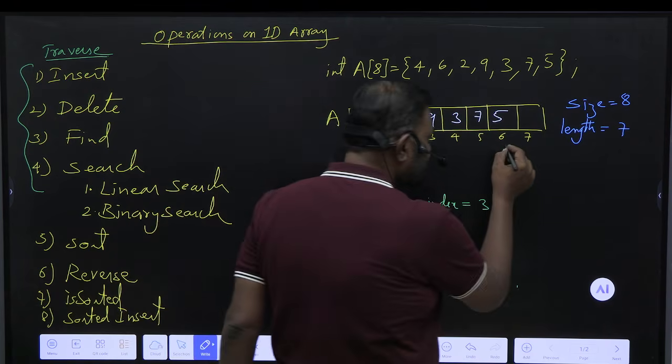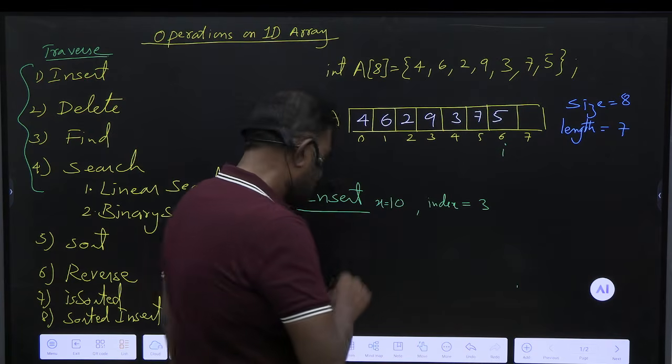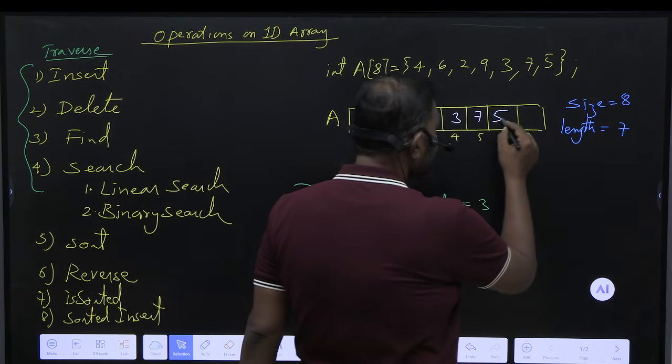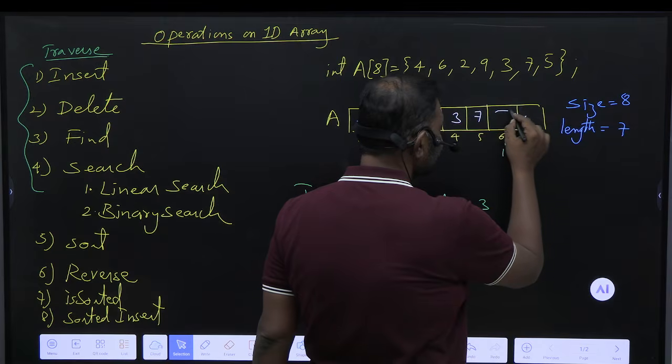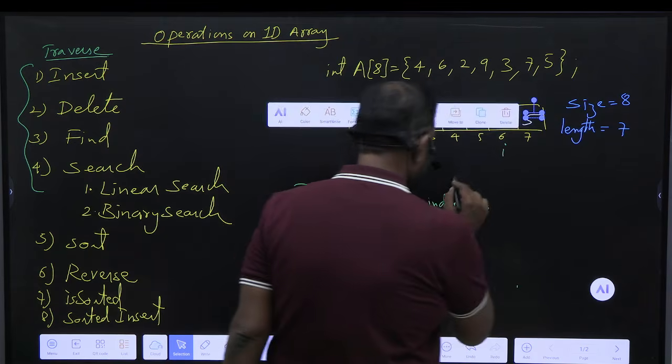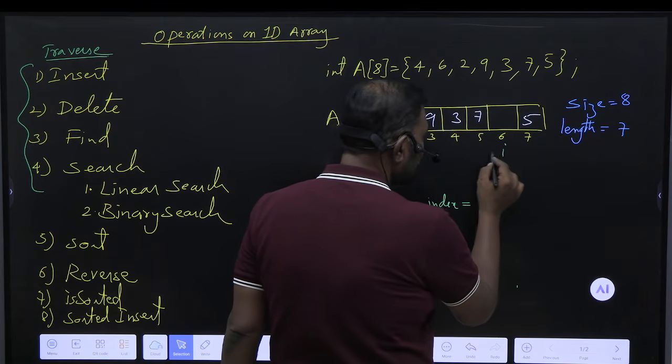So we should start from the last element. After going to the last element, shift these elements. First, shift this 5, then move this I here.